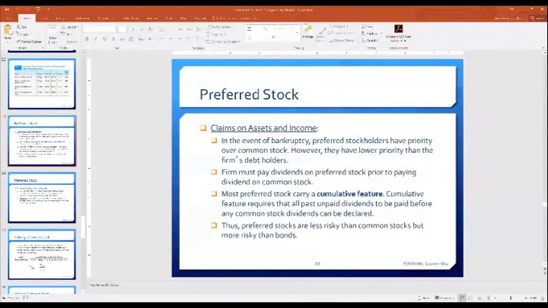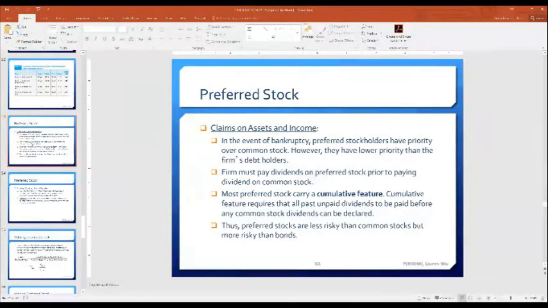Now, preferred stock holders have priority when it comes to receiving income and profit. For the claims on assets, priority always goes to bondholders, then preferred stockholders, before common stock. Whatever is left, if anything is left, goes to the common stockholder. So they are last.